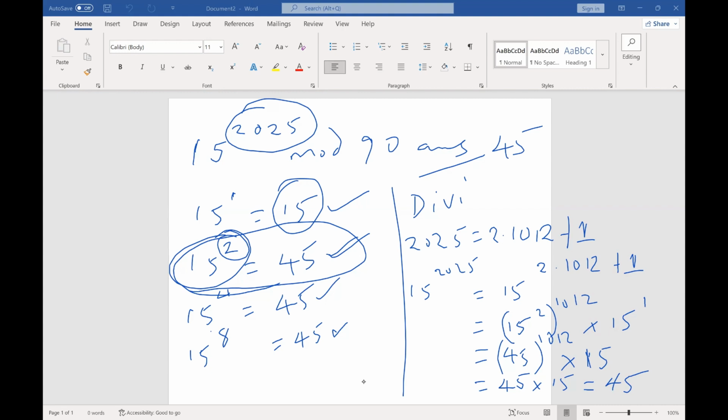Is that okay? So I now take that 675 minus 7 multiplied by 90 to get the remainder. Is it 45? The remainder.